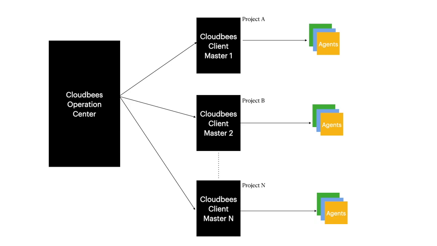But the masters are where you actually create the pipelines, and the agents are where you run the scripts to deploy, build, and deliver the application. So this is how CloudBees Core works.